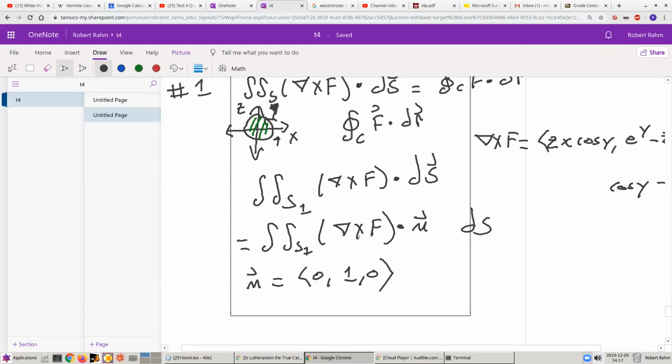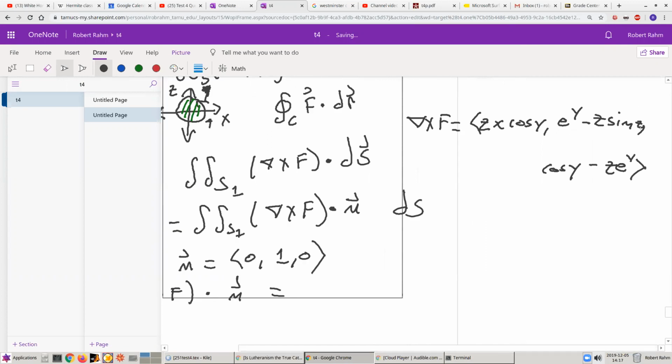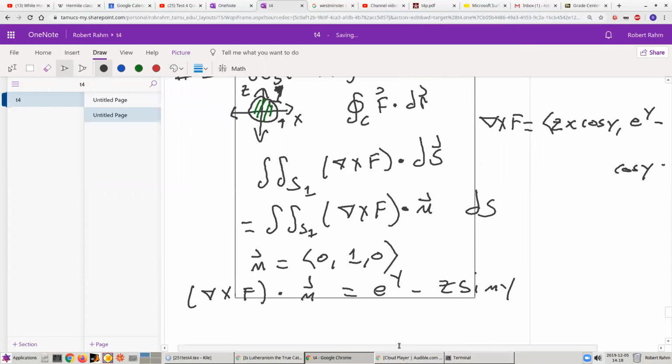So the curl of F dotted with n is just the second component of the curl of F, because when you do the dot product with 0, 1, 0, the only term that survives is e to the y minus z sine y.